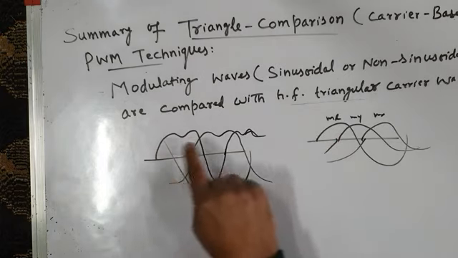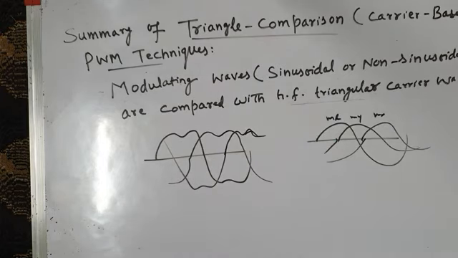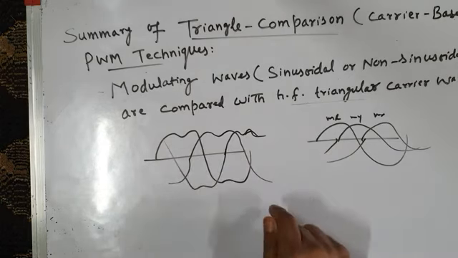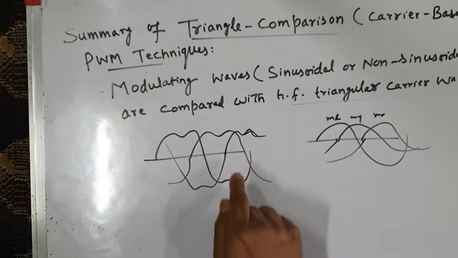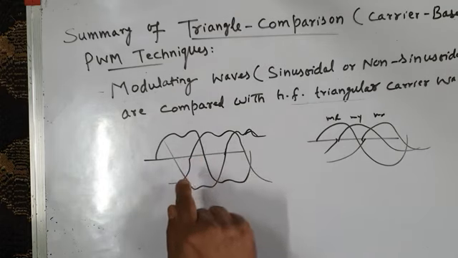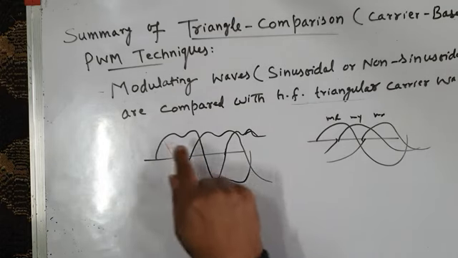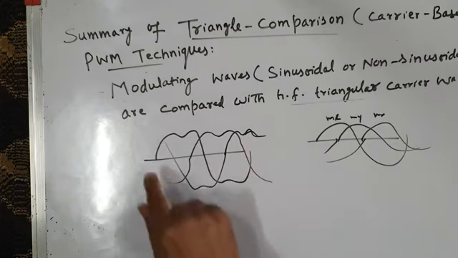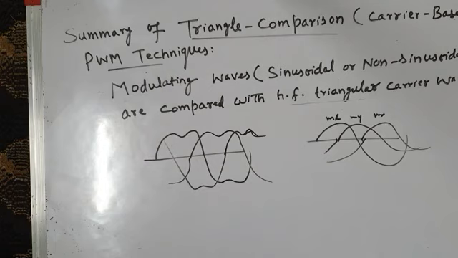And if we go for common mode injection, like third harmonic injection PWM technique or discontinuous PWM techniques like bus clamping PWM techniques, in these techniques we are going for common mode signal injection. So if common mode injection is done, then our modulating signals get modified and they become non-sinusoidal modulating signals.